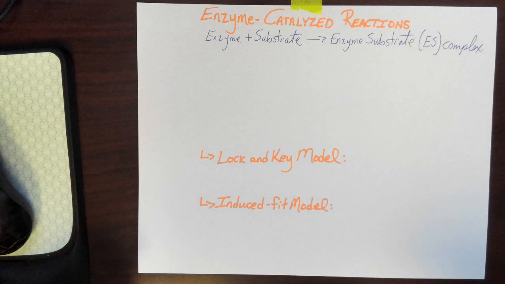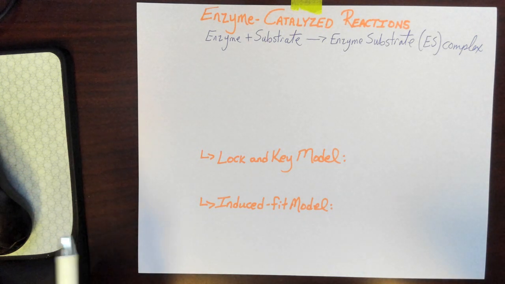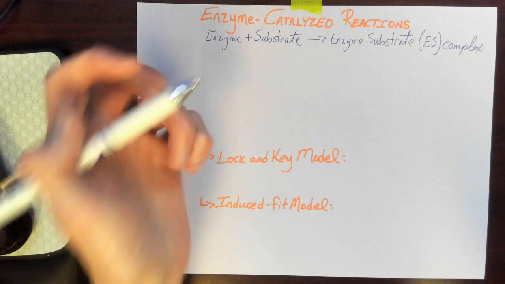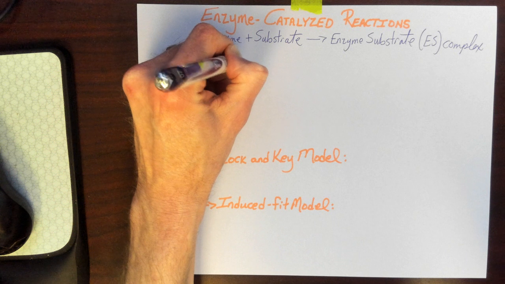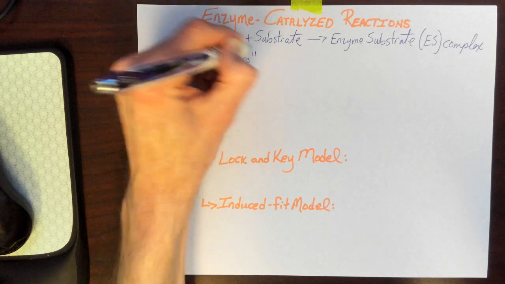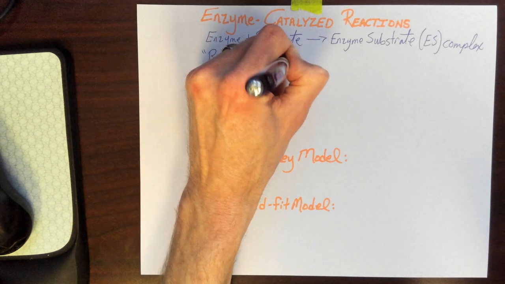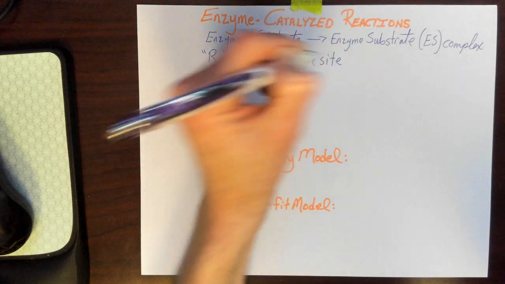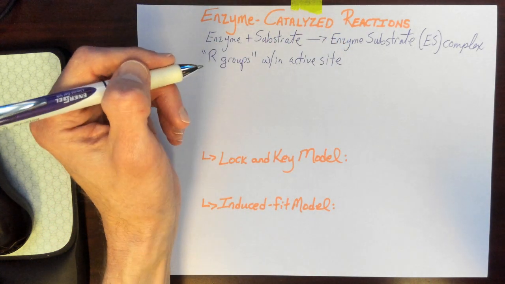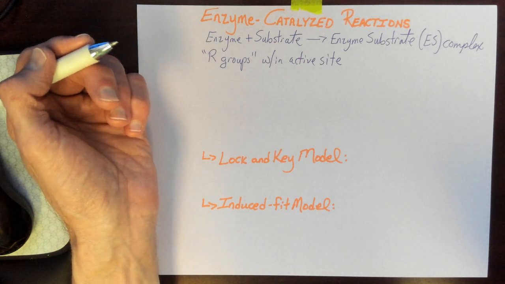Okay, now within that active site, we focus then on the R groups. So R groups within the active site. These R groups within the active site catalyze the reaction.